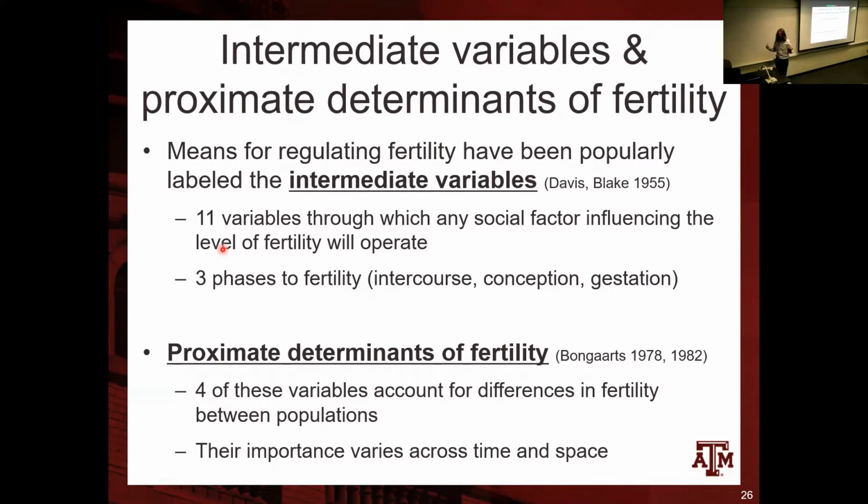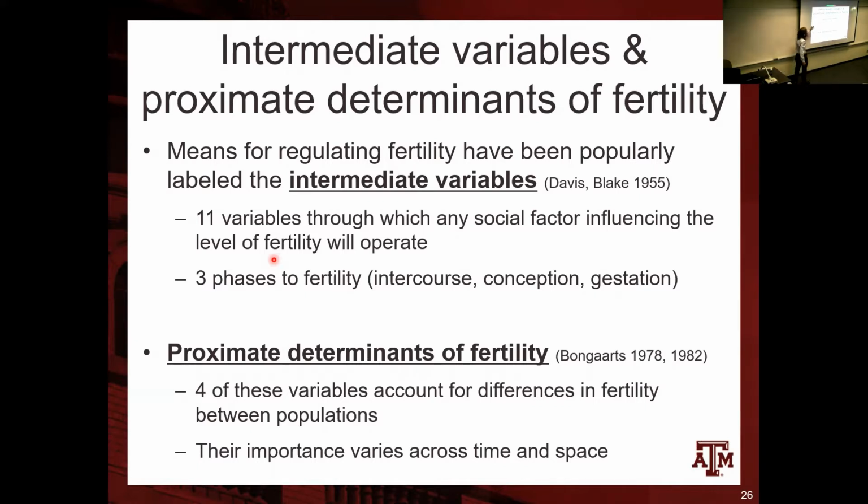And these means for regulating fertility, they call them intermediate variables, which is pretty much 11 variables through which any social factor influencing the level of fertility will operate. So you have the indirect factors, they pass through the intermediate variables to influence variation in fertility.